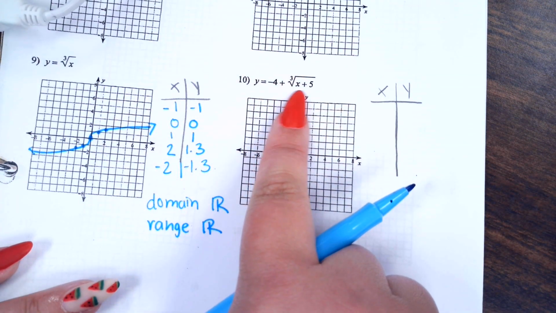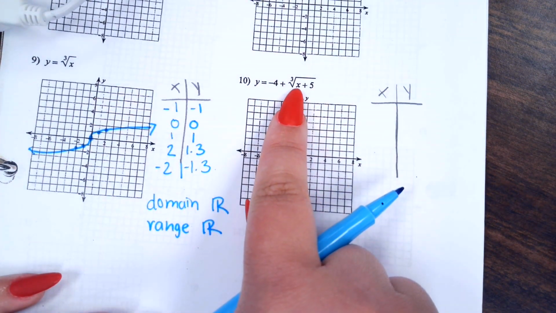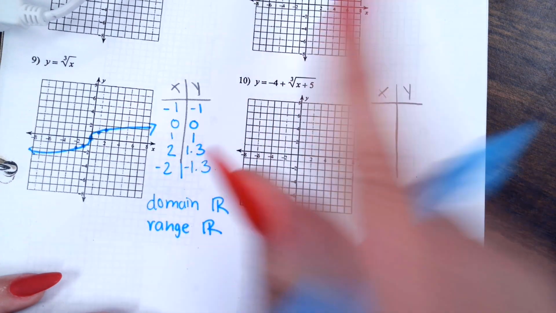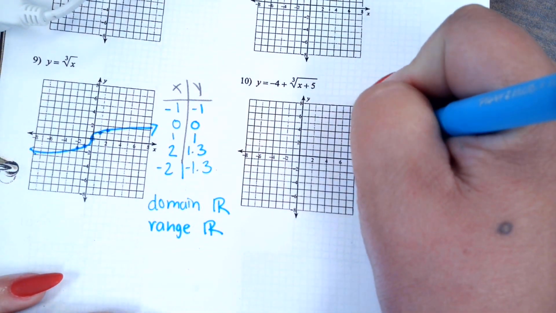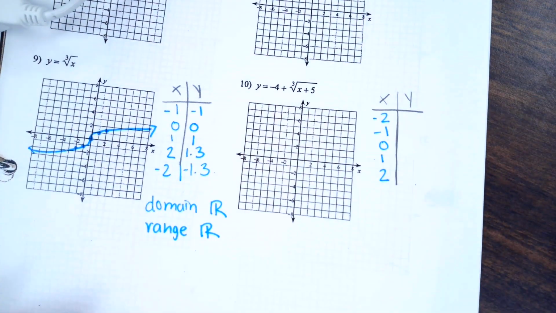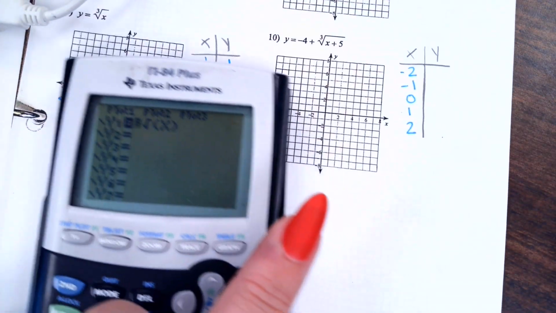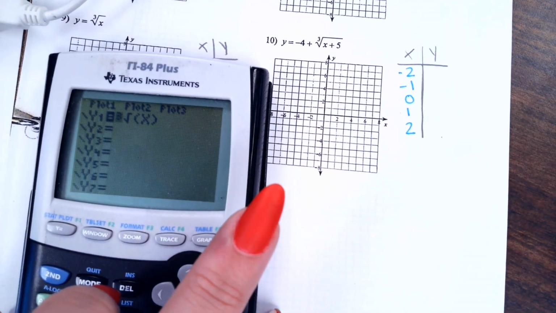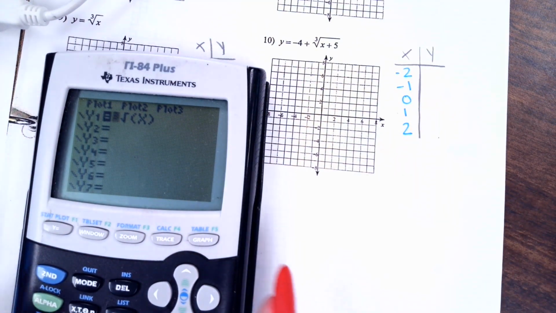So there's no restriction on what can go underneath here, right? It could be negative, it could be 0, it could be positive. So let's just go negative 2, negative 1, 0, 1, and 2. That's a pretty safe bet. Let's use our calculator to fill in our table here. Nice time saver.